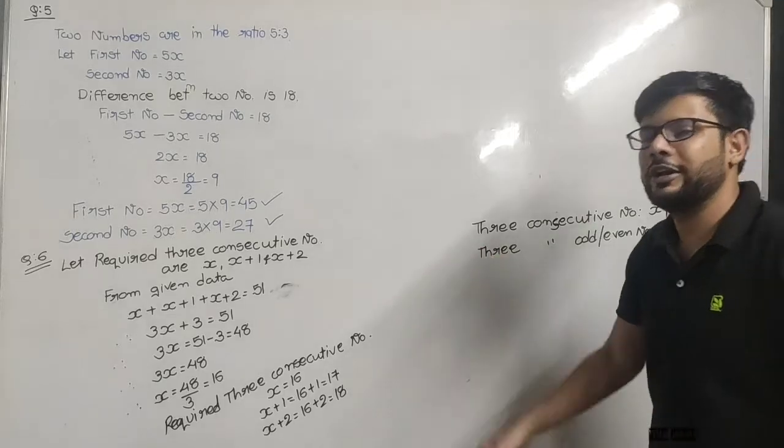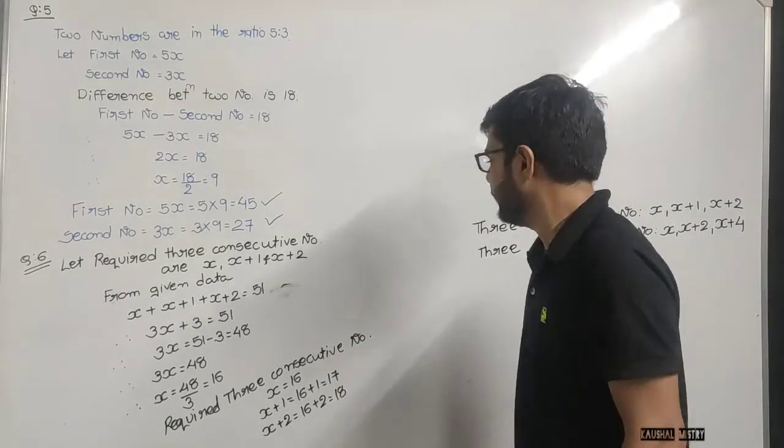So the 3 consecutive numbers or integers will be 16, 17 and 18, right?